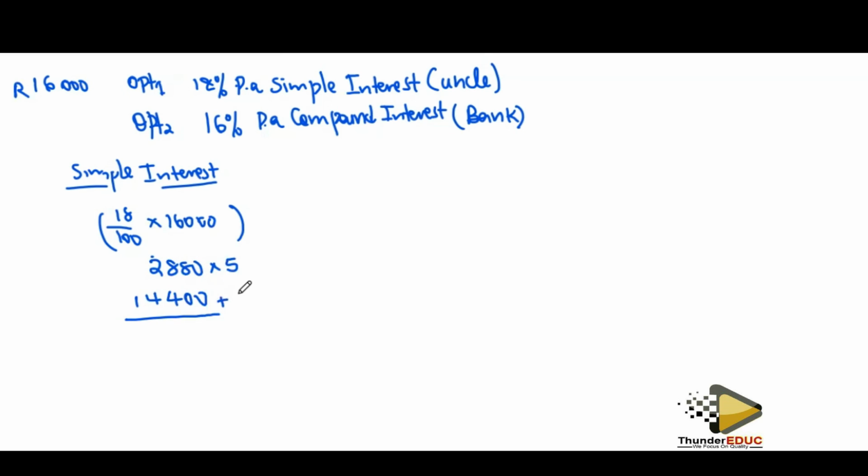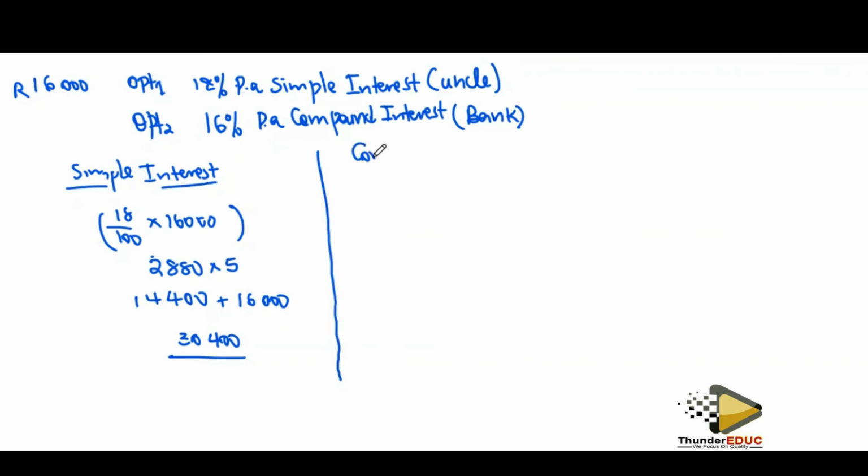Plus the initial amount of money, 16,000, you end up having 30,400. That is simple interest.